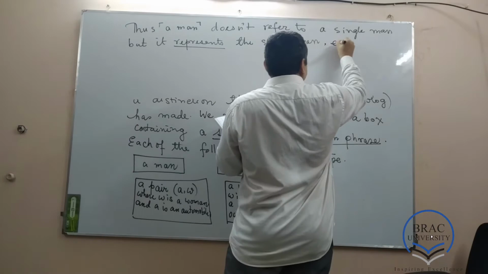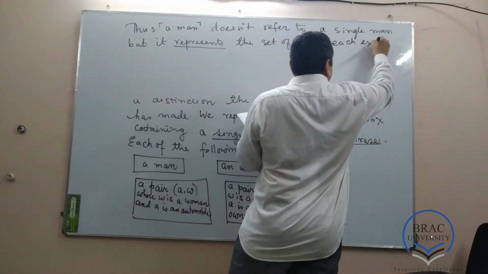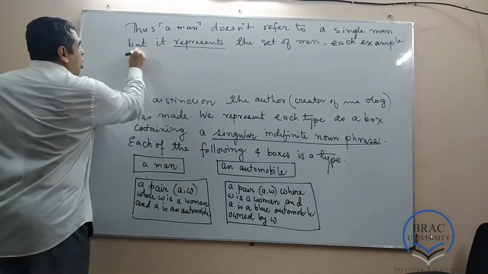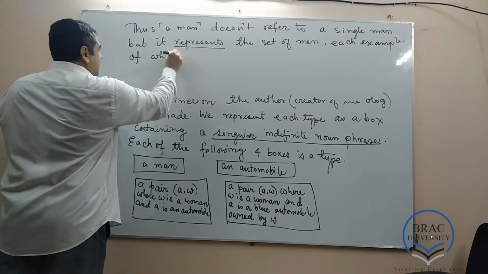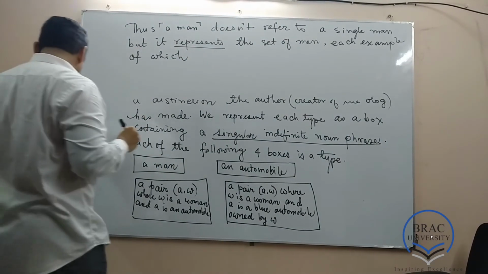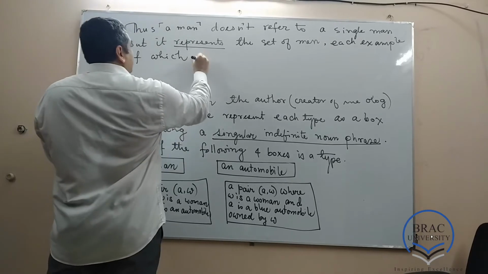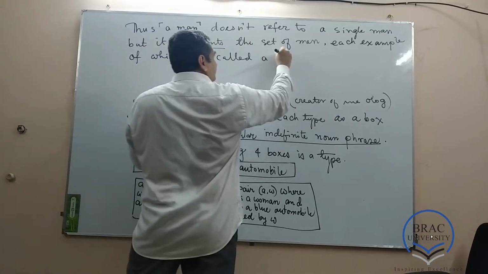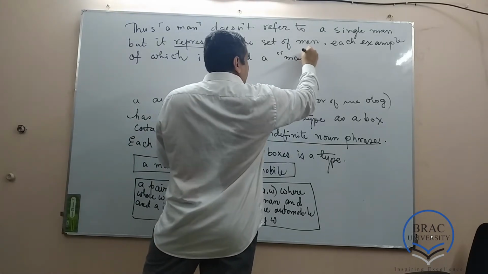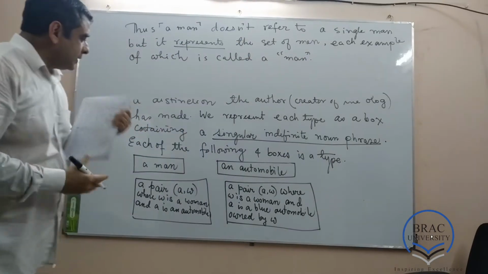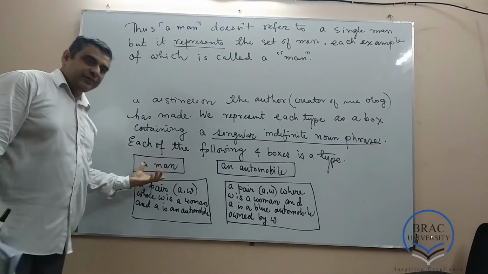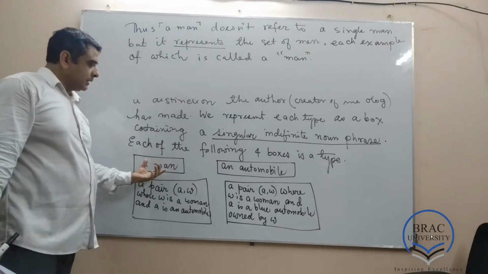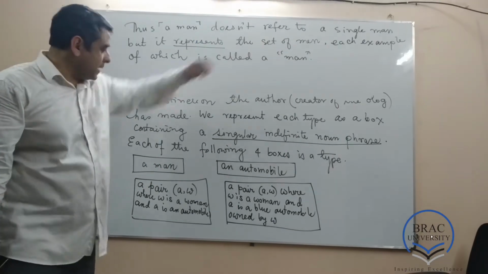Each example of which is called a man. Okay? So this box, which is a particular type, represents the set of men.